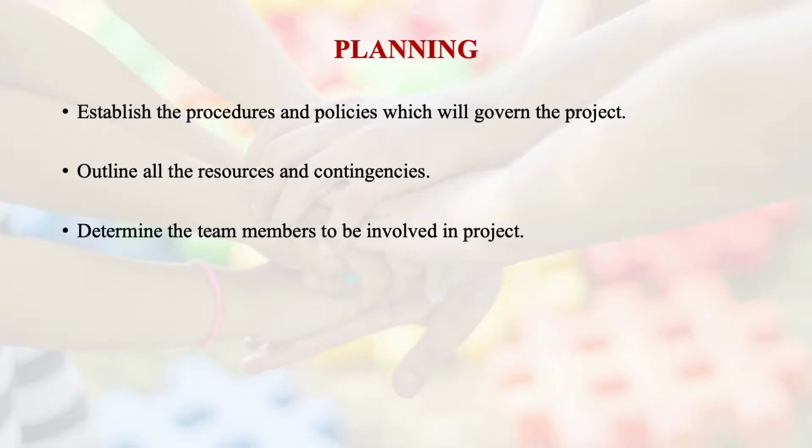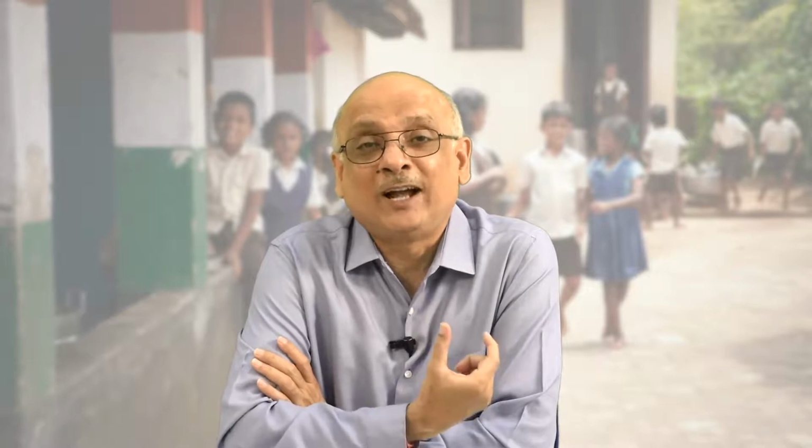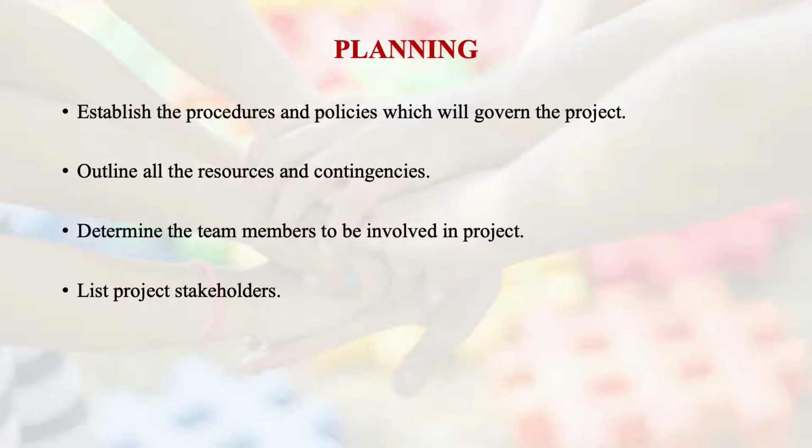If something is to be maintained, like how much maintenance schedule or what kinds of things are needed even for those. Right, determine the team members to be involved in the project. The team members are the key resource you have. So you have to do a good survey of team members who will be involved with the project. And then you have to list project stakeholders also, right?